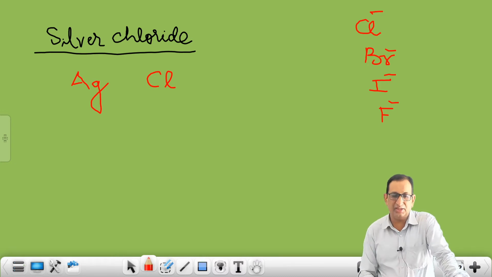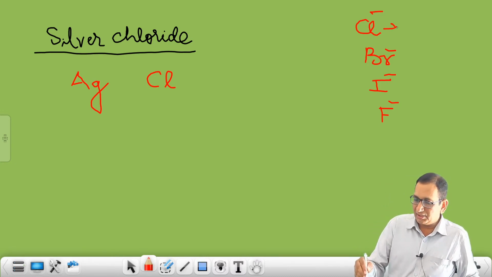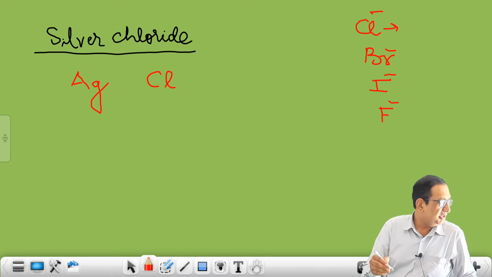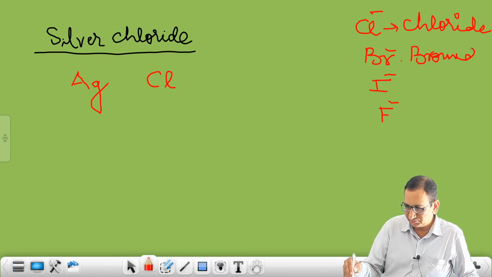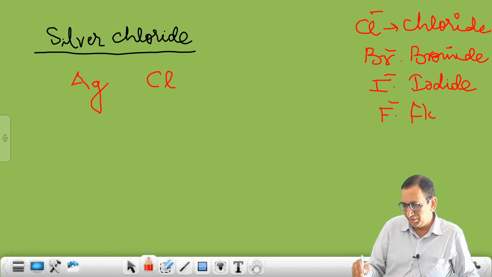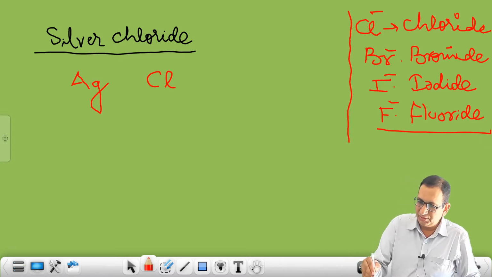If they are charged ions, then they are read in the form of chloride, Br bromide, I iodide. You can say it in this way.